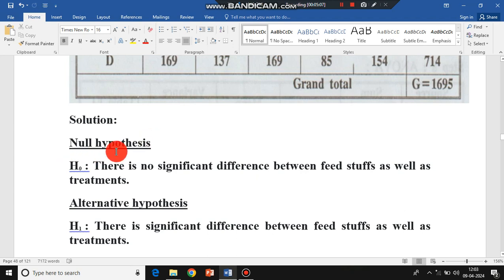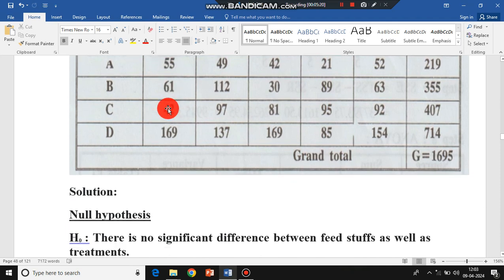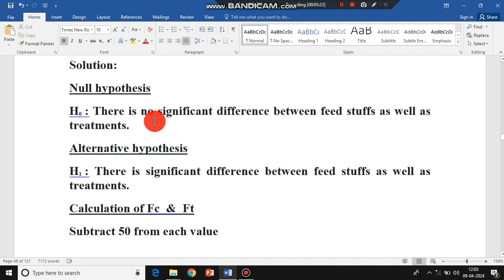Null hypothesis means that we assume there is no significant difference, or that there exists a homogeneity among the columns. This assumption we call the null hypothesis, denoted by H naught.